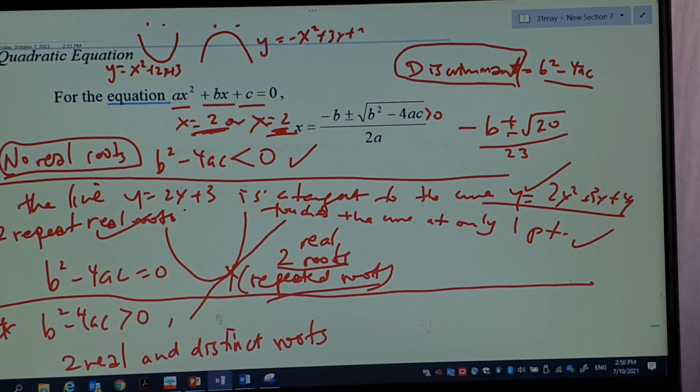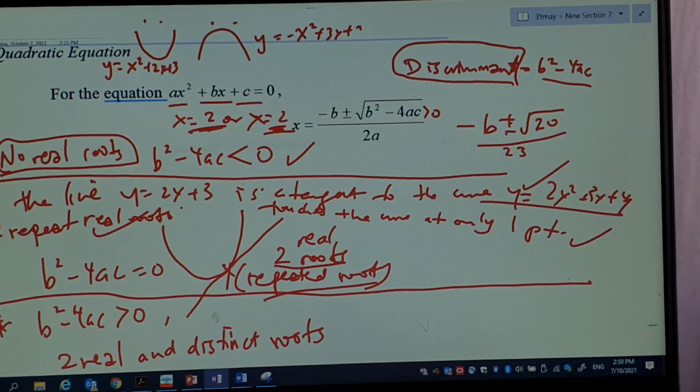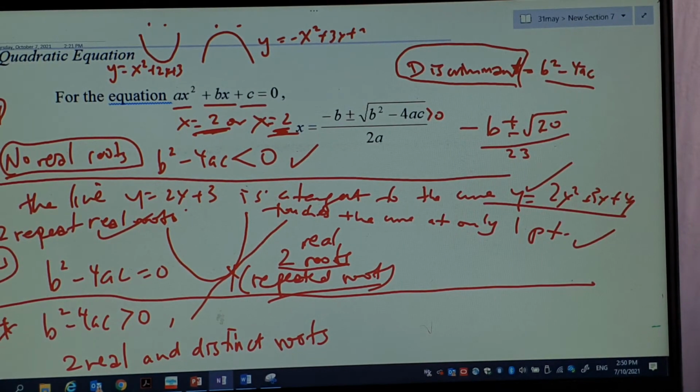Now, let me clarify the difference between, okay, let's call this number 1, number 2, and number 3. Number 2, how many roots? Actually, it's 2. But the roots are the same. They're the same. Alright?